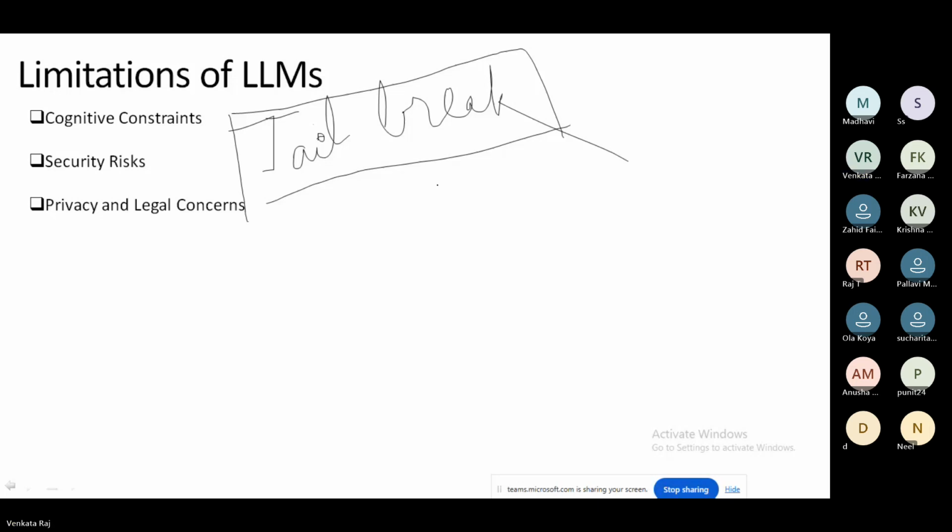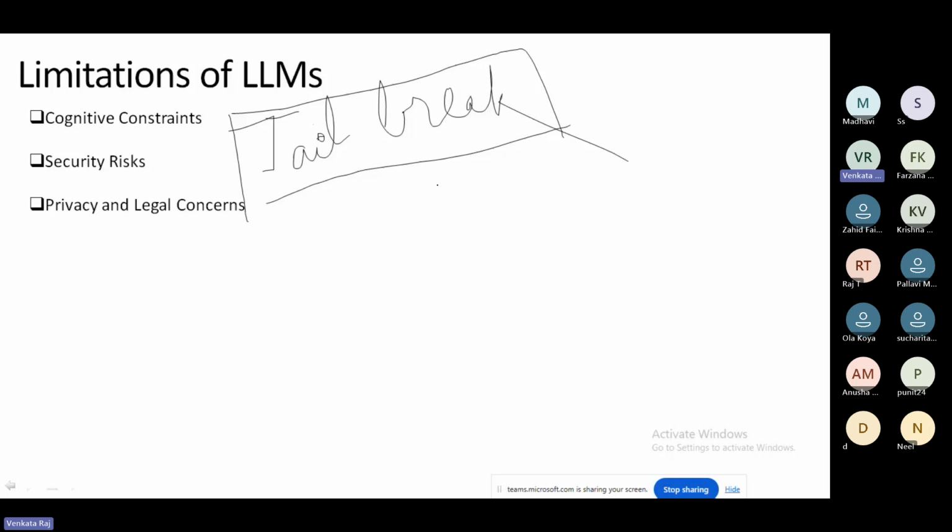Till date, whatever content is generated by AI doesn't come under the purview of copyright violation, but in the future they could bring all those things. So that is why please be aware of that. So these are some of the limitations, guys, of the LLMs.